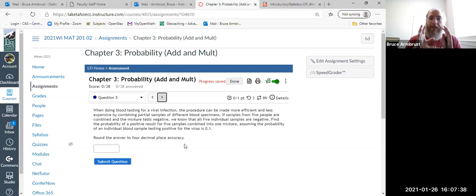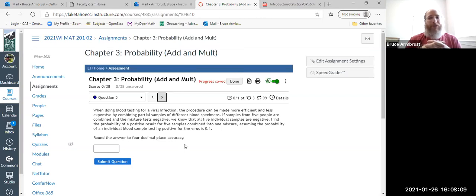So we're going to sample 5 blood samples, or take 5 blood samples, right? So we're going to grab 5 of us in this class, take the blood samples and mix them all together. Okay, now what we do know is the probability of any one of us testing positive for the virus is 0.1, 10%. So there's a 10% chance you take my blood, 10% chance that I've got the virus.